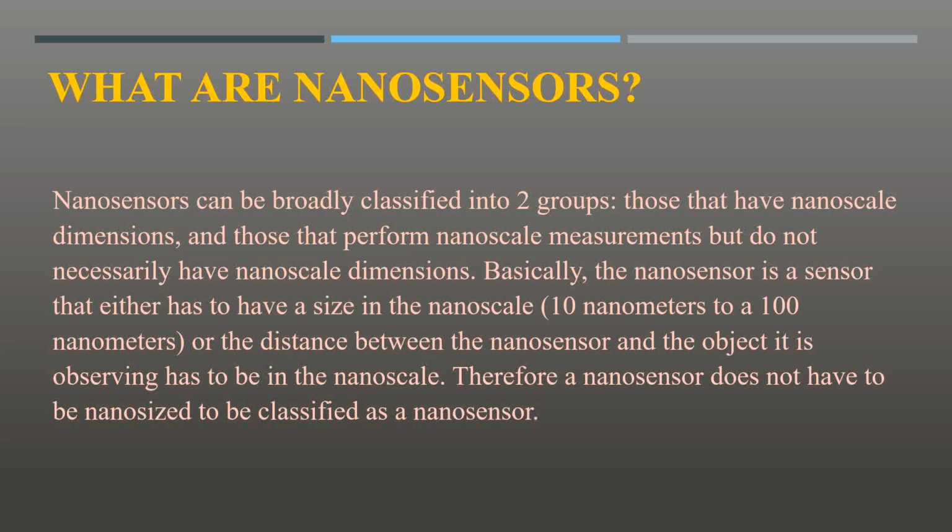Basically, a nanosensor is a sensor that either has a size in the nanoscale, or the distance between the nanosensor and the object it is observing has to be in the nanoscale. Therefore, a nanosensor does not have to be nanosize to be classified as a nanosensor. So, now we know what a nanosensor is, but why are they important?